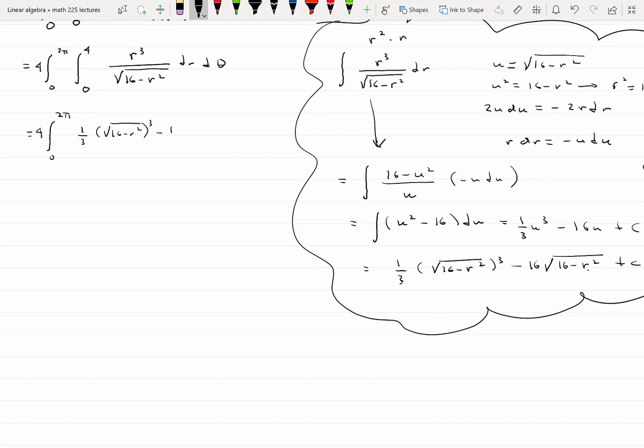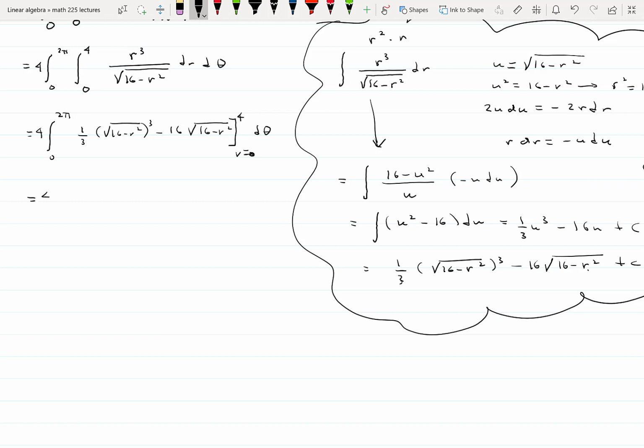The whole radical cubed. So minus 16 times the square root of 16 minus r squared, as r varies from 0 to 4, with respect to theta.